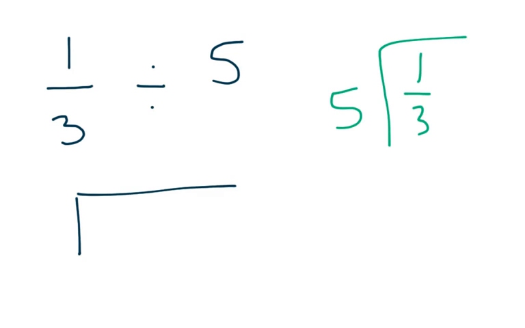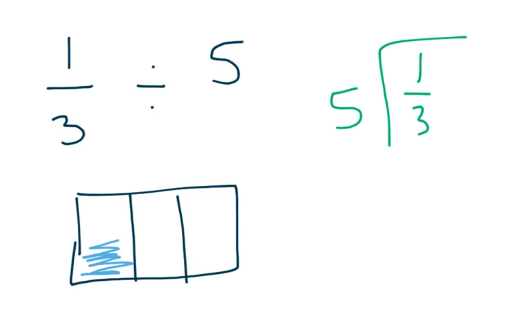First thing, we want to draw out our dividend, our first number, so our 1/3. So this is what our 1/3 would look like. And we would just have a third of it. And we're going to break it into a group of 5. So let's see what that would look like.